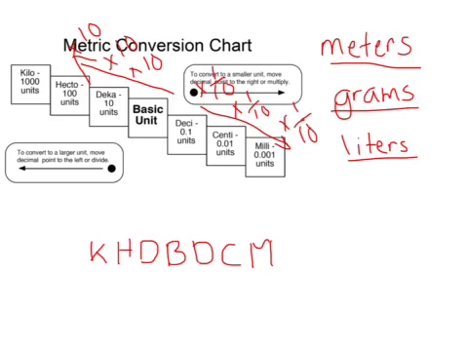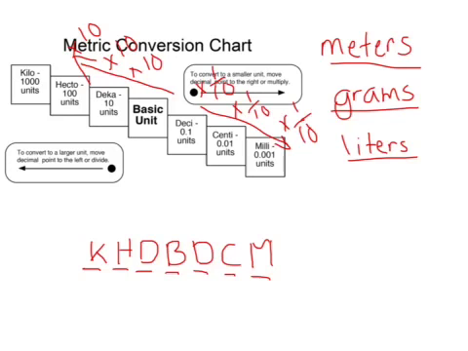For the metric conversion chart, just know that every time you're going to get larger, it goes to kilo. Every time you go smaller, it goes to milli. A good way to remember this is King Henry died by drinking chocolate milk. Once again, King Henry died by drinking chocolate milk. K for king stands for kilo, is 1,000.